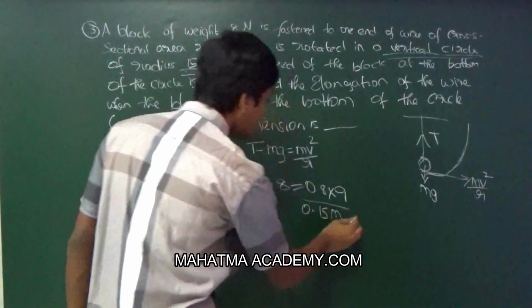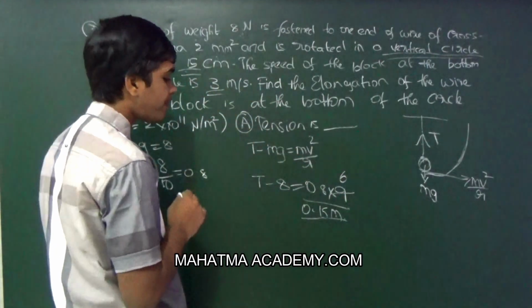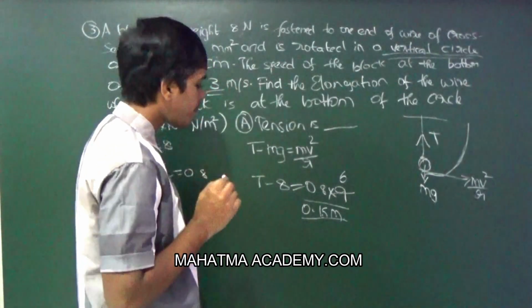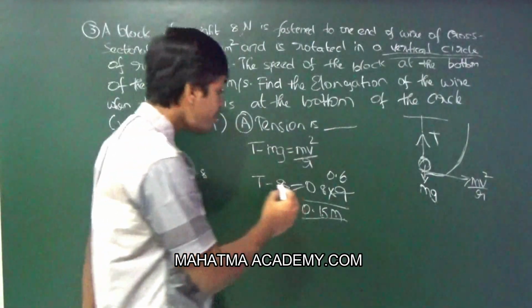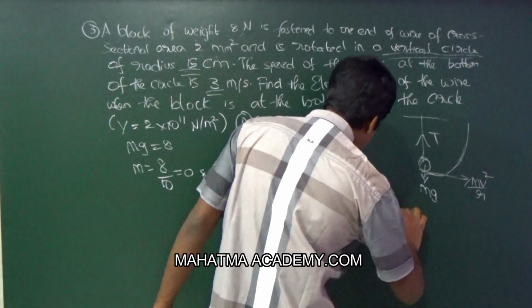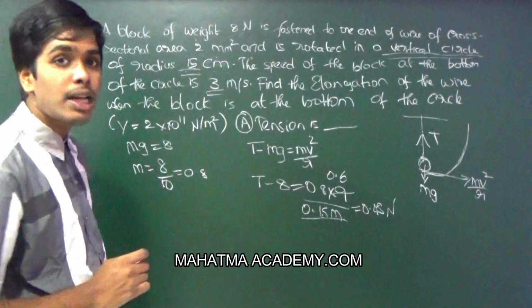So 15 by 100 into 6, 90, it will become 0.6. Now the tension is 0.48 newtons.